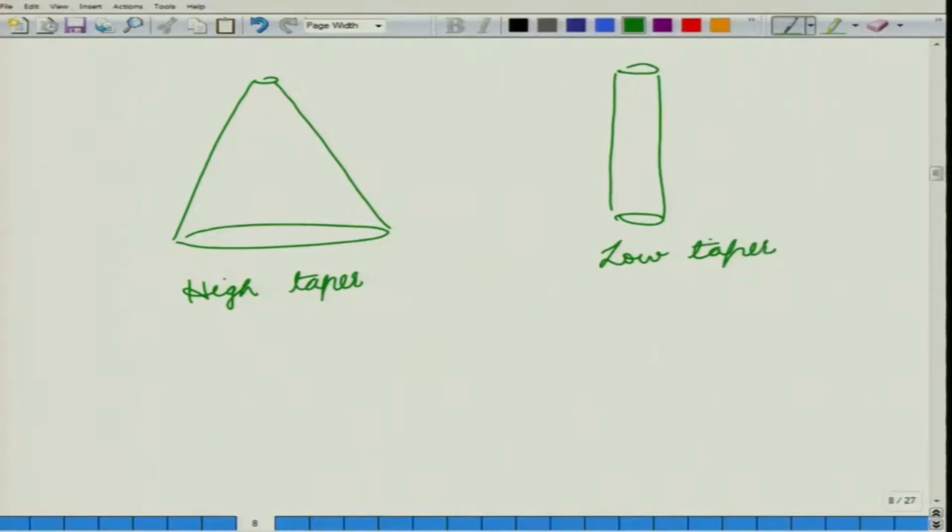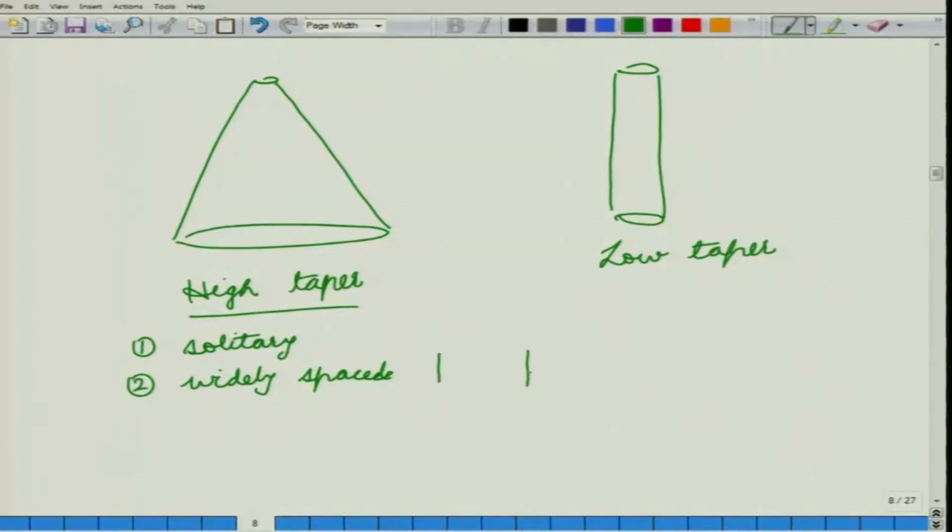Now, we say that a tree has high taper if it is solitary. So, solitary means that you have a single tree somewhere, or it is widely spaced, which means that if you have one tree here, the second tree is very far apart, here you only have one tree, or in heavily thinned.